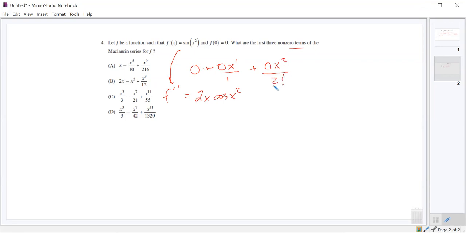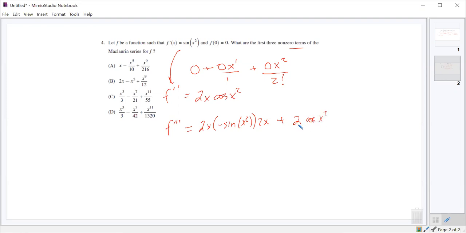And then our next one should be f triple prime, which, if we use the product rule on that, is 2x times negative sine of x squared times 2x. That one's going to be 0, plus we got 2 cosine of x squared.